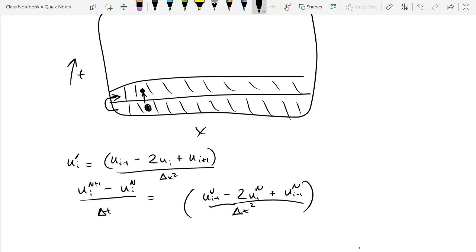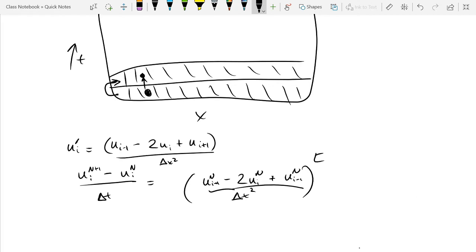You probably have seen this written like this, and this is called the Euler discretization of the heat equation.